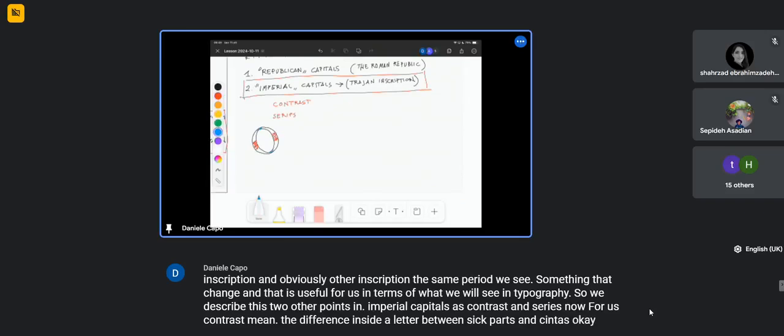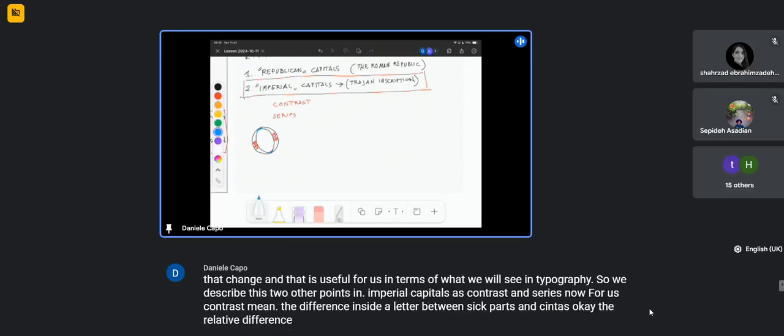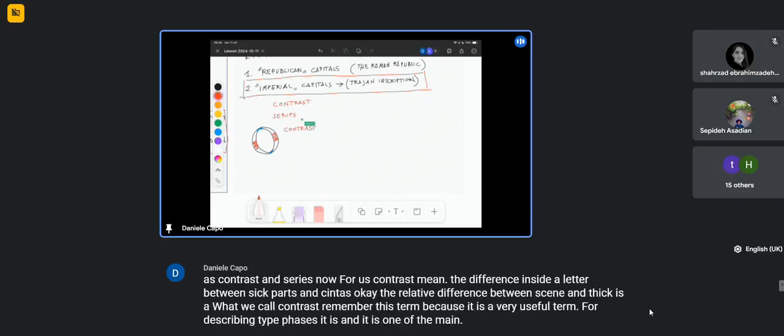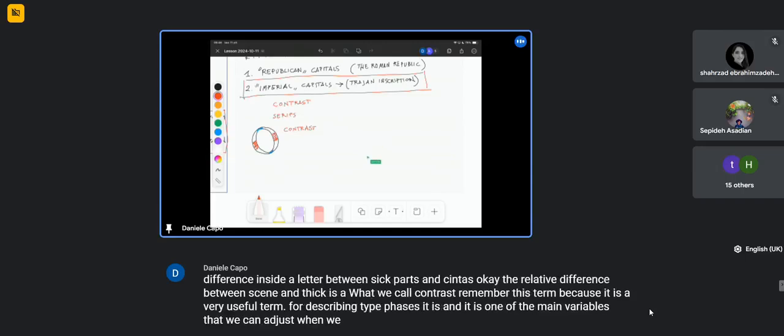Okay? The relative difference between thin and thick is what we call contrast. Remember this term because it is a very useful term for describing typefaces. And it is one of the main variables that we can adjust when we design a typeface.